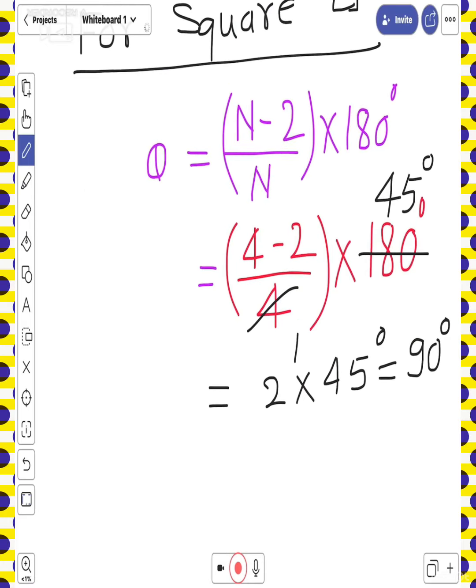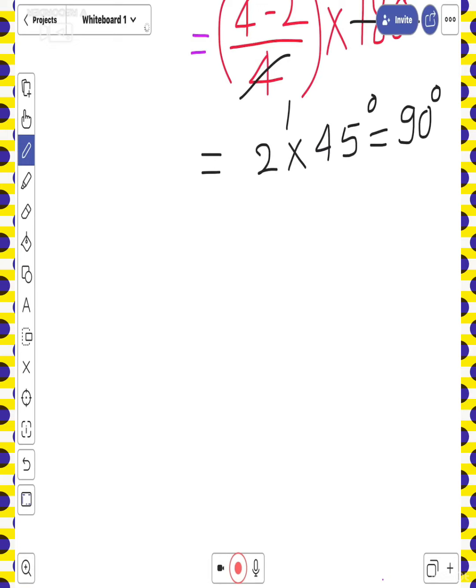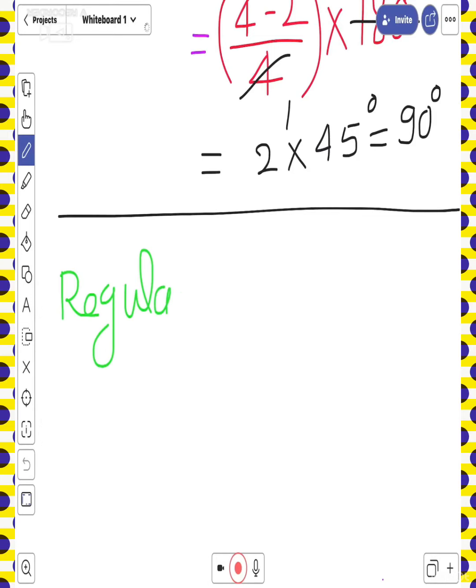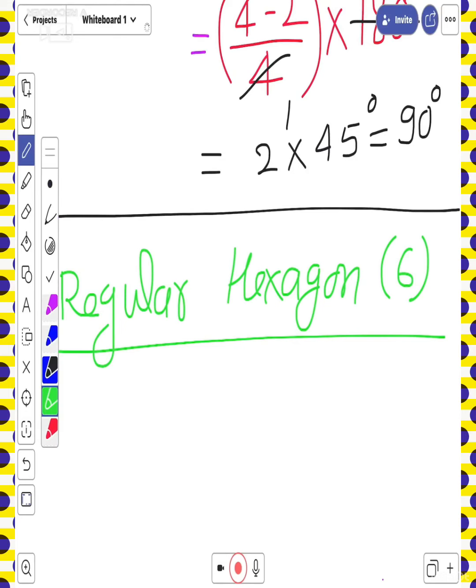Same way you can find each angle of a hexagon or any type of regular polygon. So let us take a regular hexagon. How many sides in the hexagon? There are 6 sides. So you can find each angle for a regular hexagon.